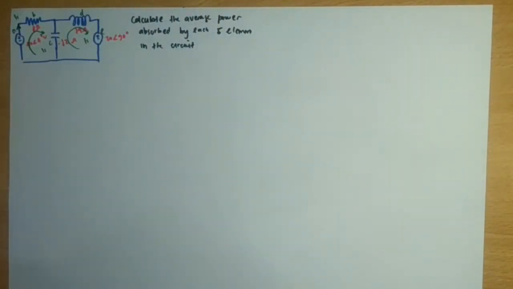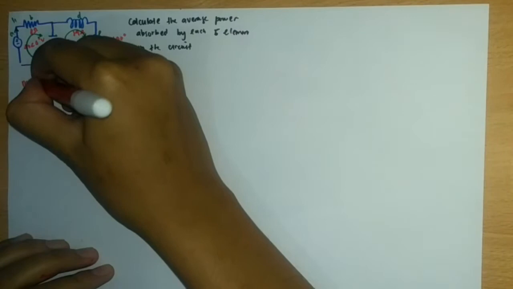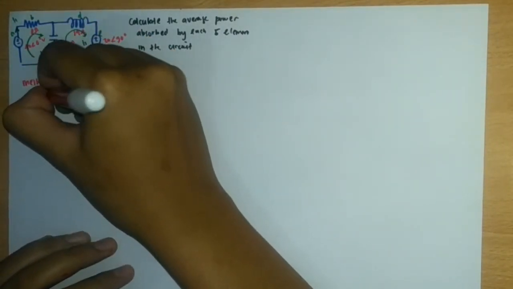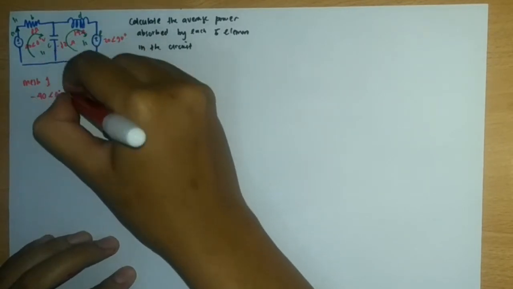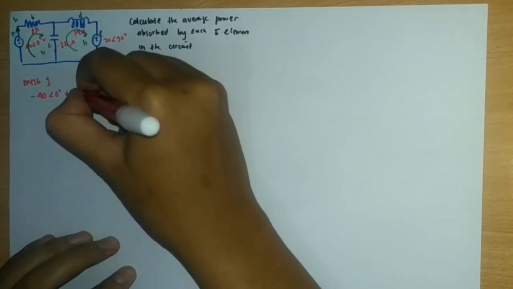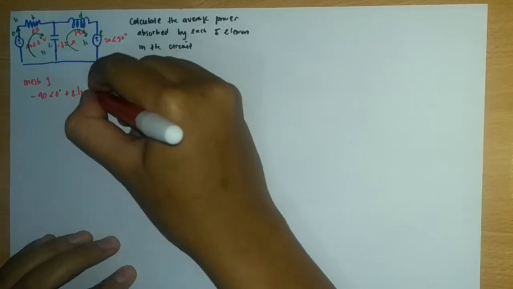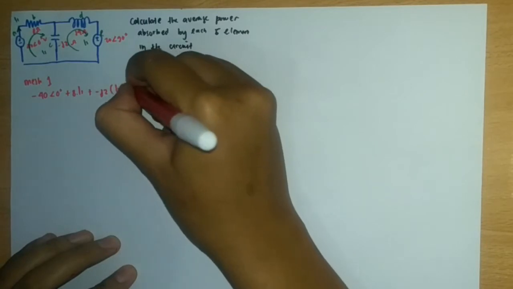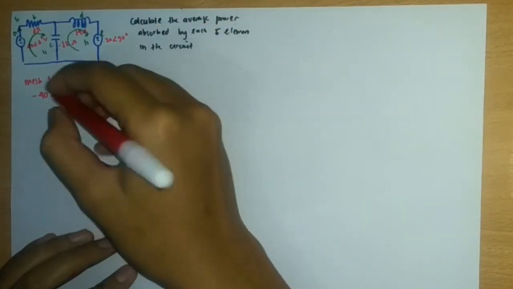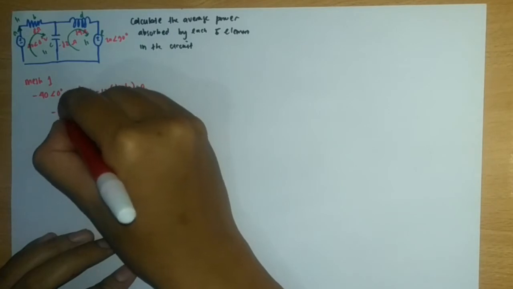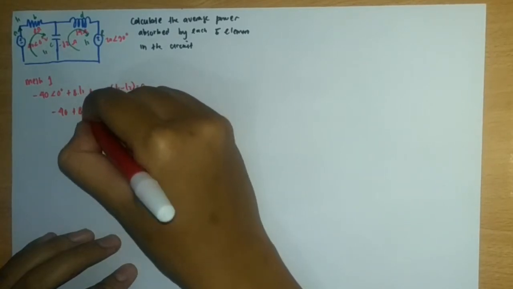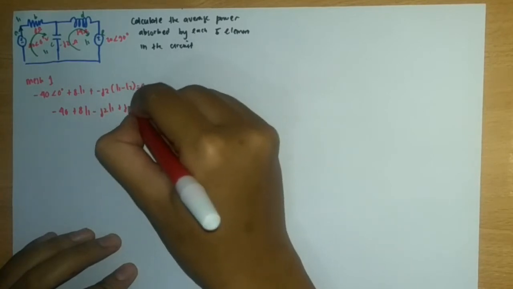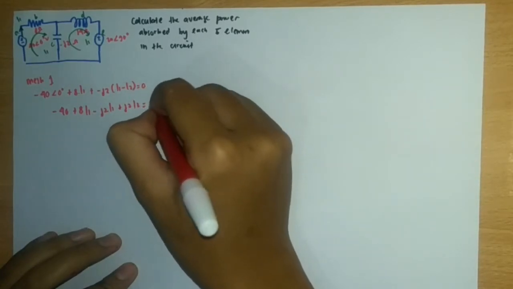And for mesh 1: minus 40 at 0 degree phase angle plus 8 multiplied with I1 plus minus j2 multiplied with I1 minus I2 is equal to 0. So we got minus 40 plus 8 I1 minus j2 I1 plus j2 I2 is equal to 0.